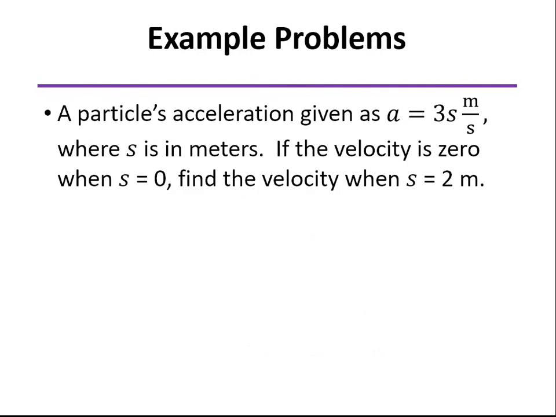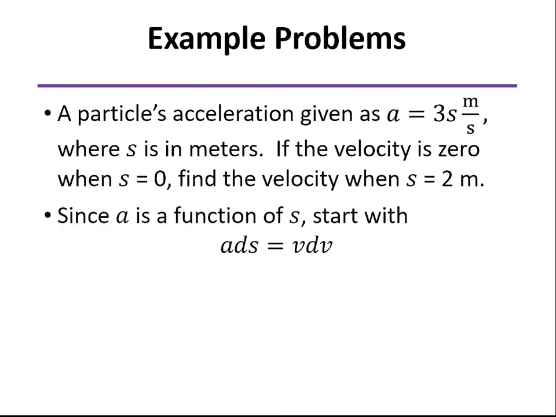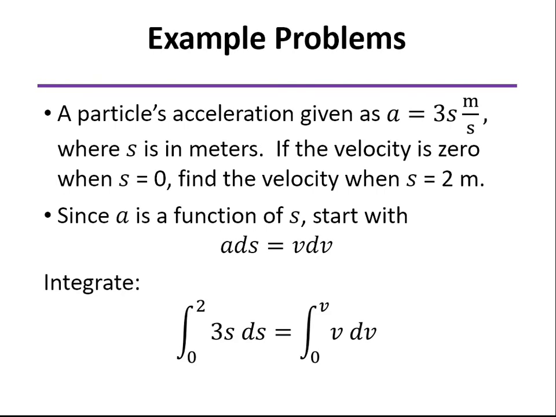Here's one where the acceleration is given as 3s, where s is the position in meters. So we don't have a constant acceleration. We also don't have an acceleration as a function of time. We have acceleration as a function of position, so we want to start with that equation, a ds equals v dv. We just have to integrate both sides.